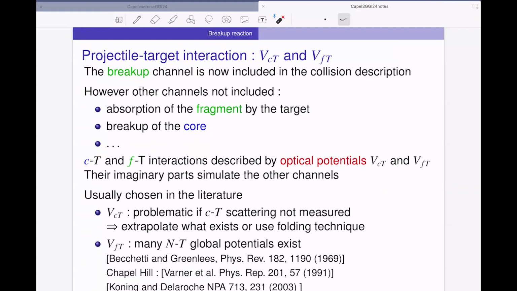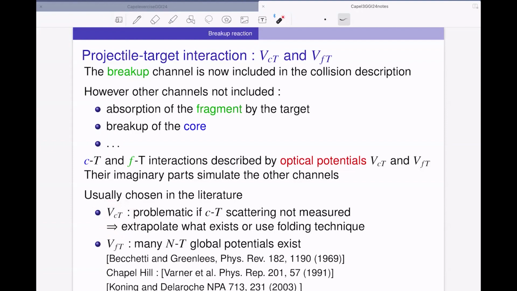Well, we use what I've mentioned, optical potential, and so you choose them in the literature. The most problematic is this core target, because as I said, if you take these Woods-Saxon potentials, they are fitted at one given energy for one given system, and as theorists, we have complained with the experimentalists that we don't have these optical potentials. So we would need help.